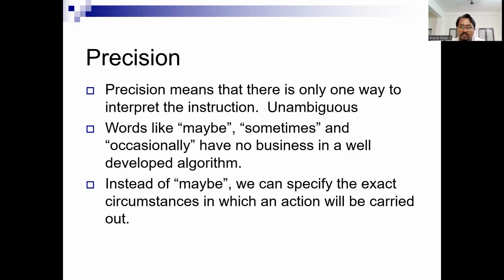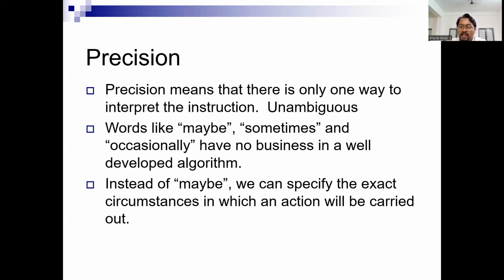Words like maybe, sometimes, and occasionally have no business in a well-developed algorithm. An algorithm is precise when we do not use words like maybe, sometimes, occasionally, since these do not give an exact solution.